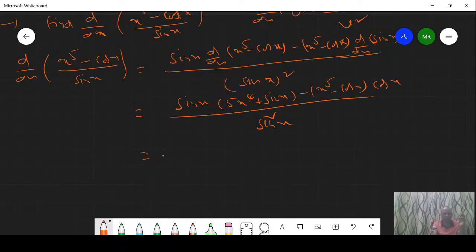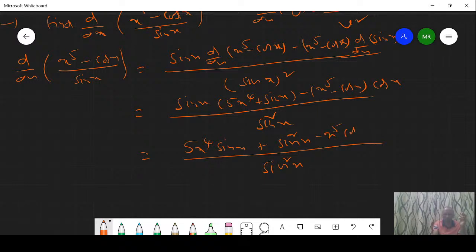Take the LCM, sin square x. Multiply this: I can write 5x power 4 sin x plus sin square x, again sin square x, minus x power 5 cos x plus cos square x.